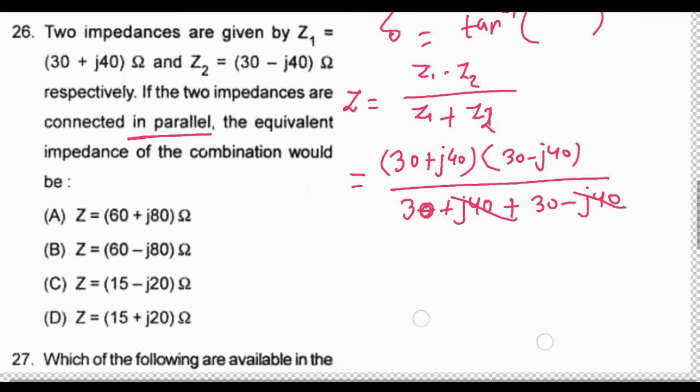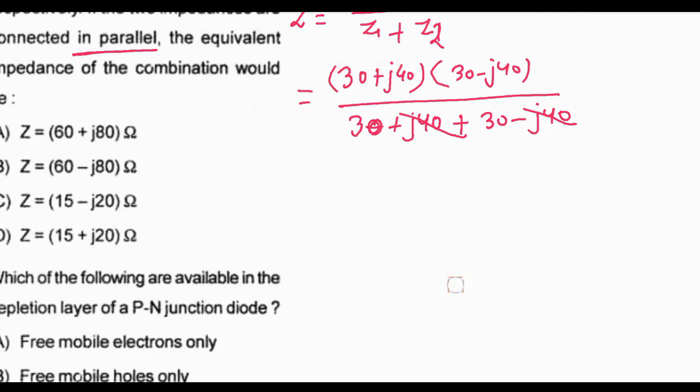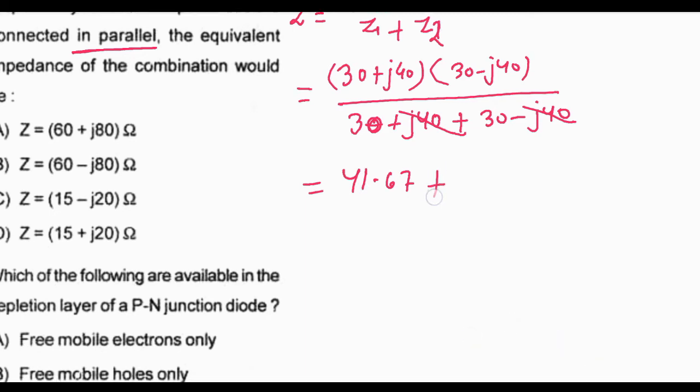And if we calculate this, finally it will be equal to 41.67, that is, 40 plus 0j. That means this is a real value, not a complex value.